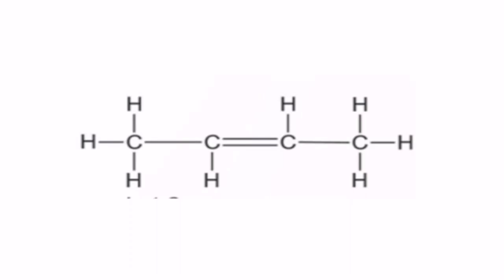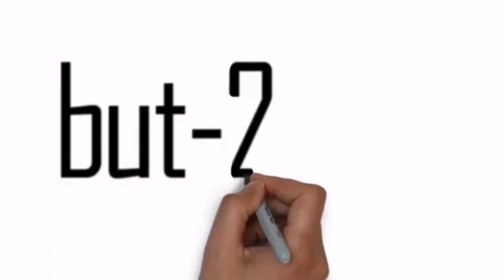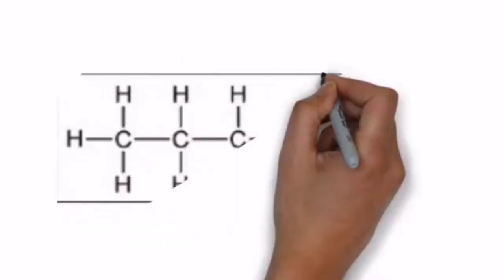The functional group is the double bond, meaning that this structure is an alkene. Therefore, there's no branch. The IUPAC name is but-2-ene, meaning that the double bond lies on the second carbon. So it's but because we have 4 carbon atoms.